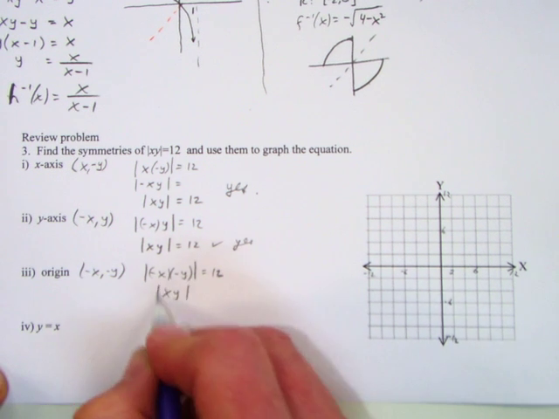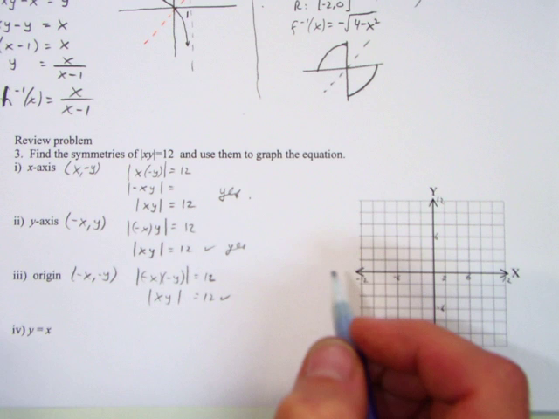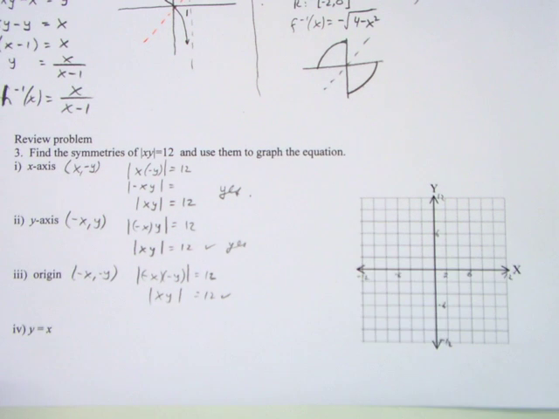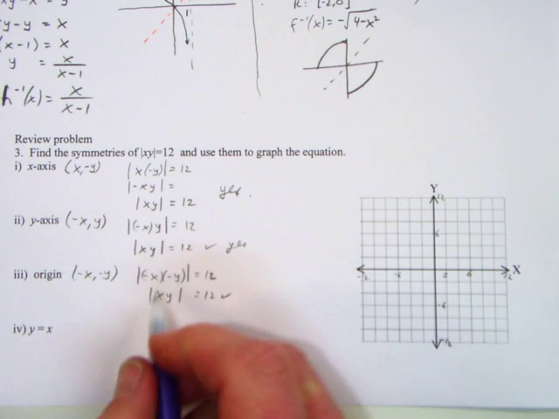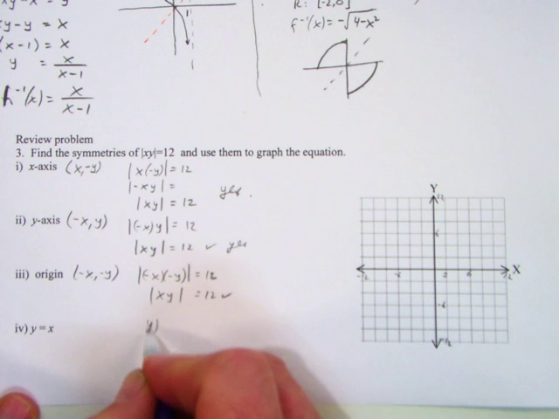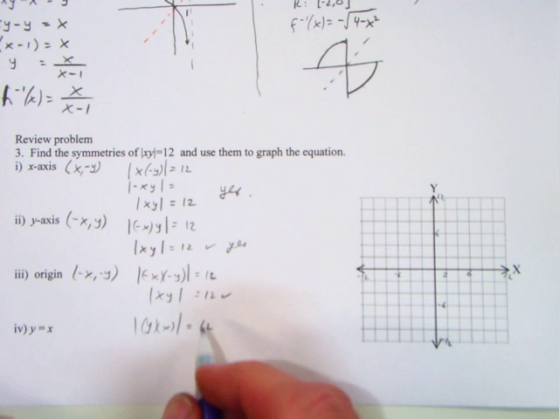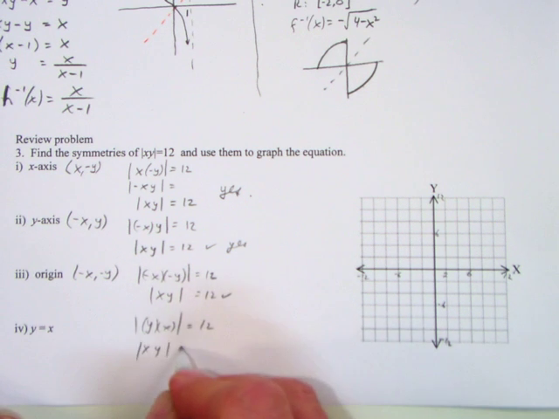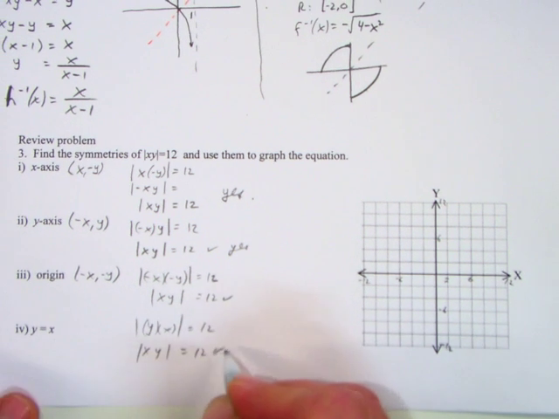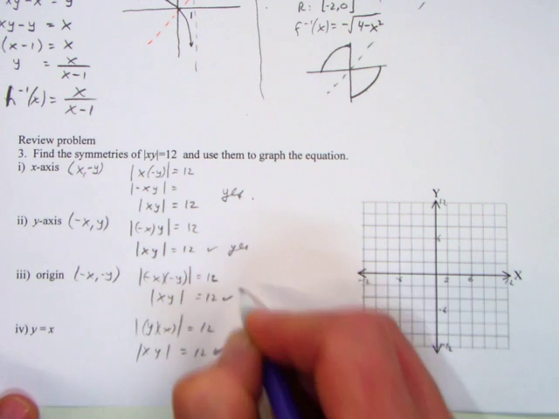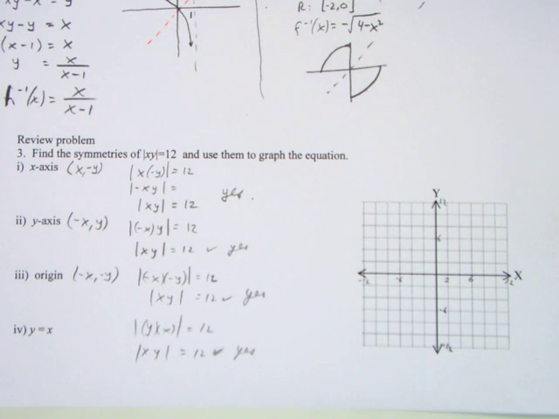We have xy equals 12. Yes, once again, that is also true. For y equals x, we have y times x. Yes, that's the same as xy equals 12. So in other words, this is symmetric about the x-axis, y-axis, origin, and y equals x.